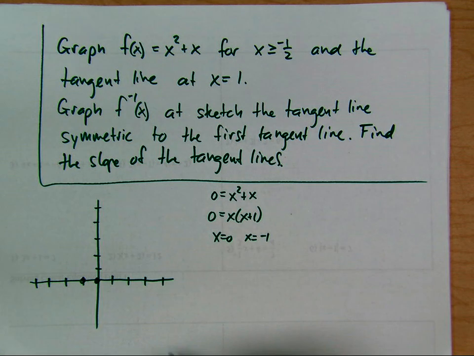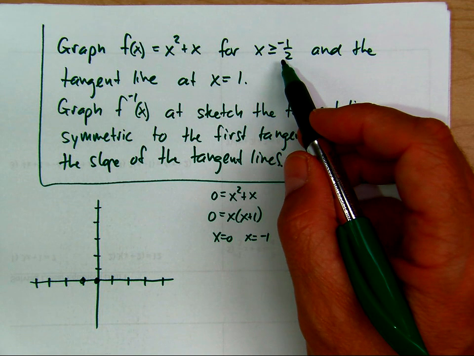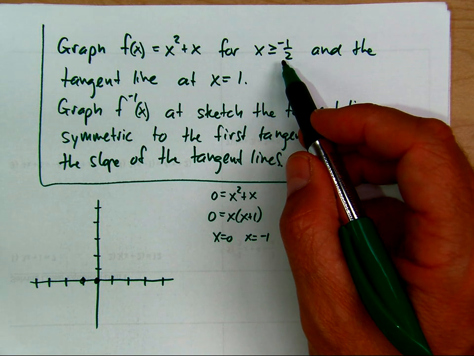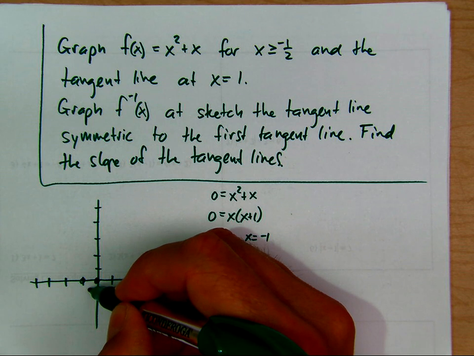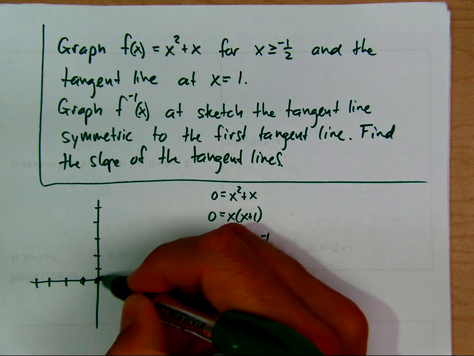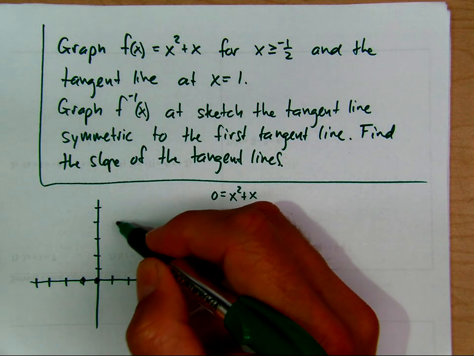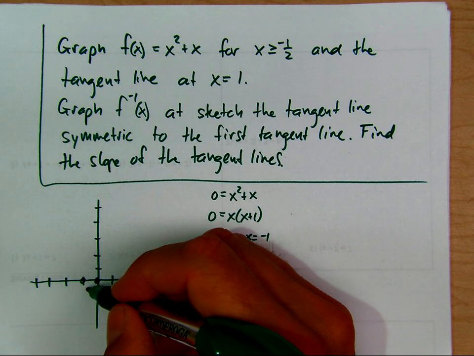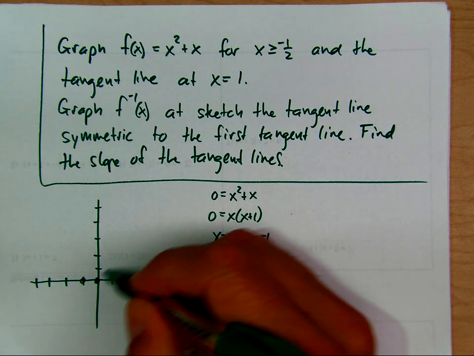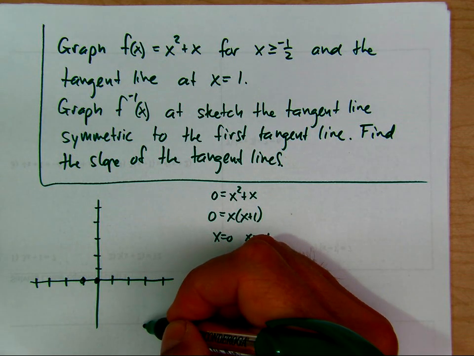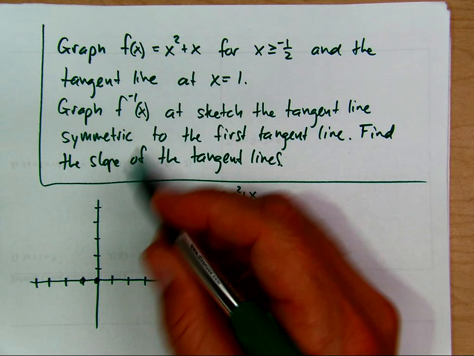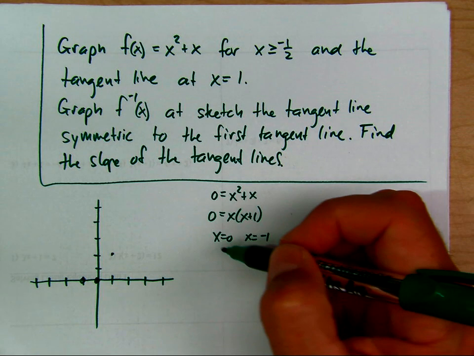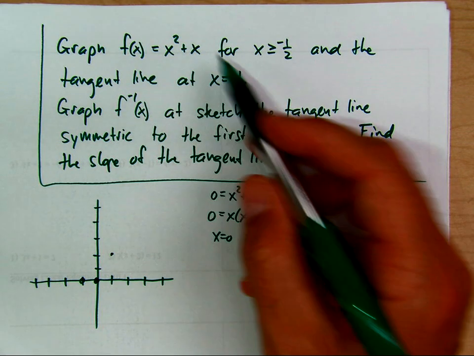So this says only graph it for values to the right of -1/2, and that's because we are going to reflect it. If we have a whole parabola and we reflect it, then its inverse won't be a function. So let's look at some other points. Put a 1 in there and we'll get a 2. Put a 2, we'll get a 6.